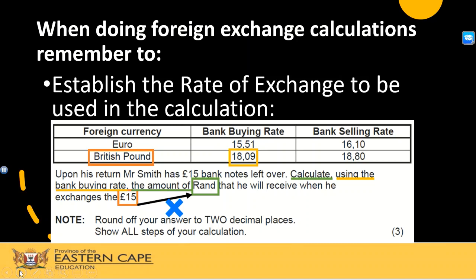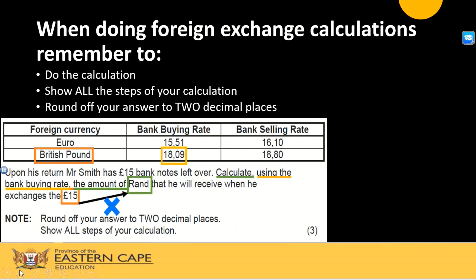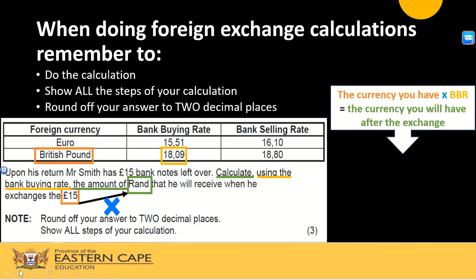At £15 we must multiply by 18.09, because the currency we have is the £15. The bank buying rate is the exchange rate that we must use.